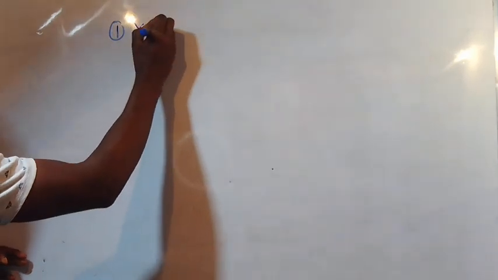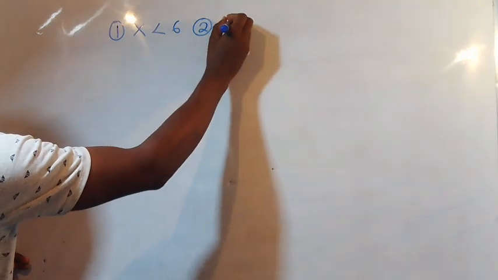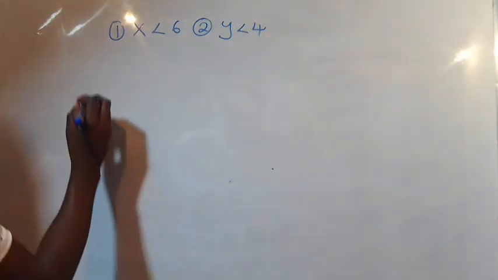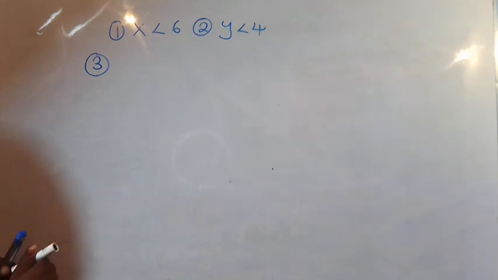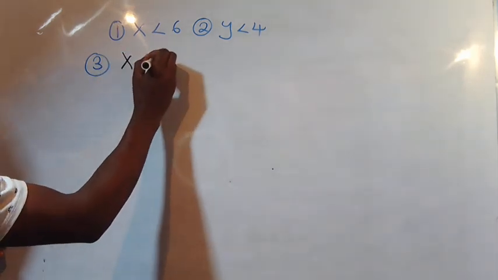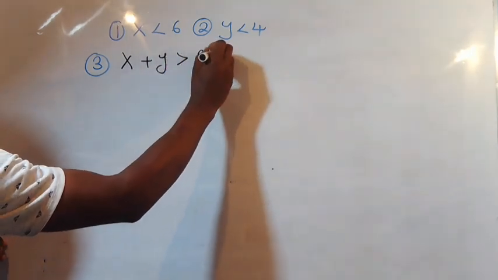So now we have seen how we derived that. The first inequality is x is less than 6, the second inequality is y is less than 4, and the third inequality: we said that x plus y combined should be greater than 24.